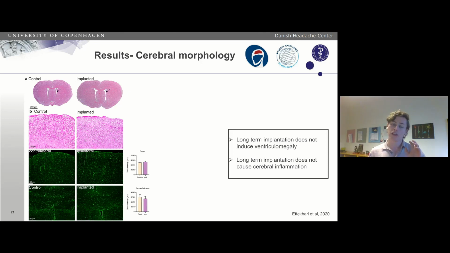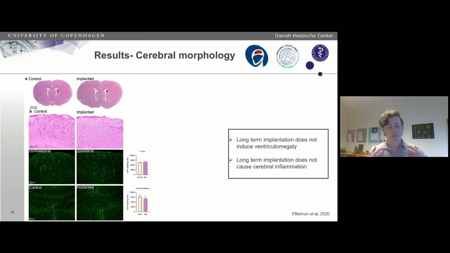Moreover, using glial fibrillary acidic protein staining to look for astrocytes area, we show that there's no astrogliosis. Therefore, this implantation does not cause any degree of inflammation or astrogliosis, which is really good.